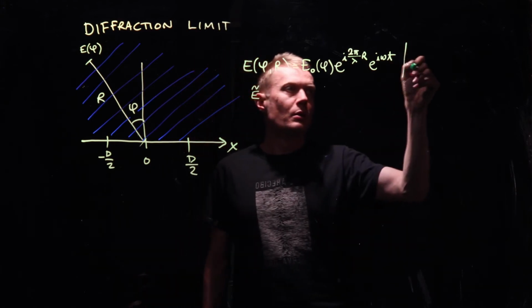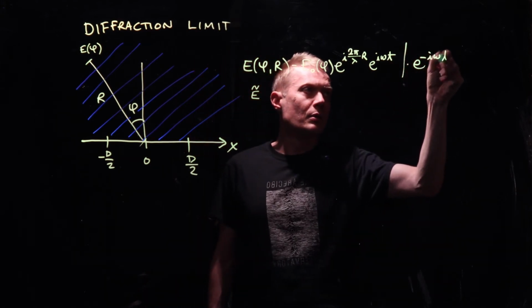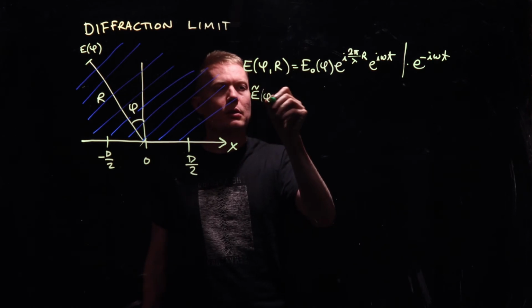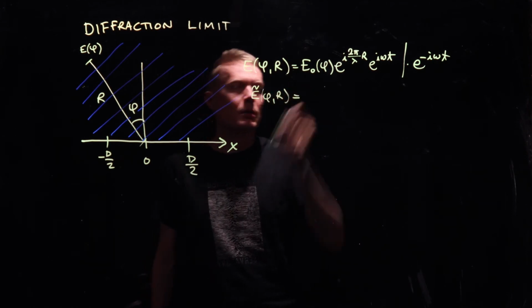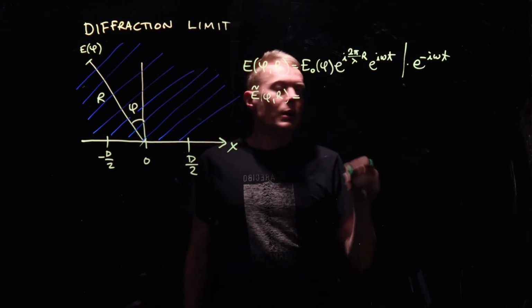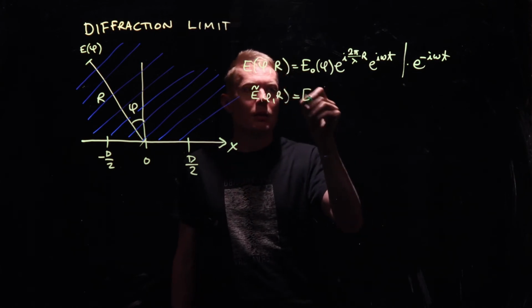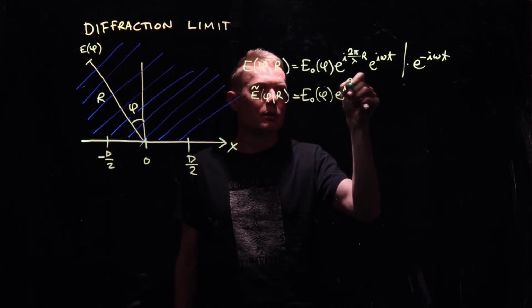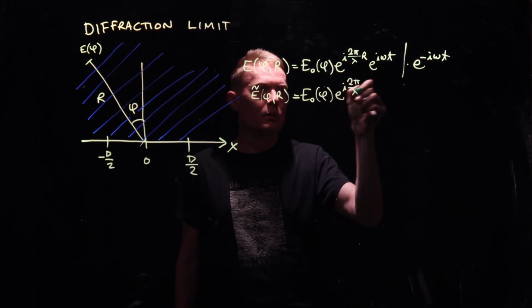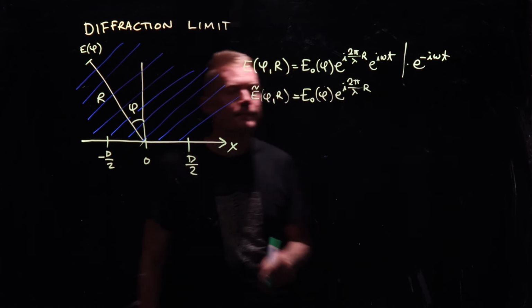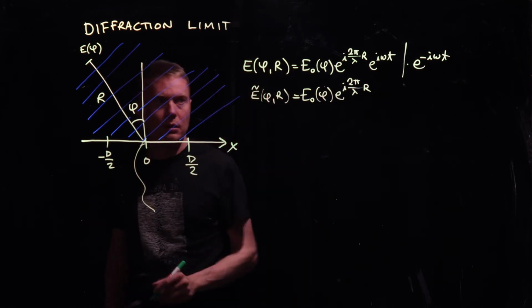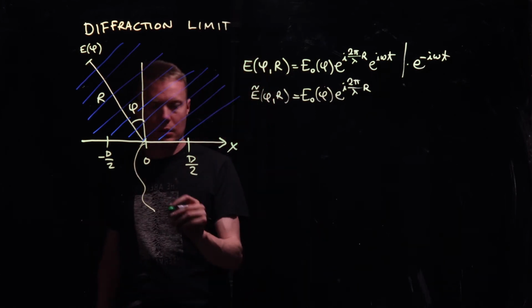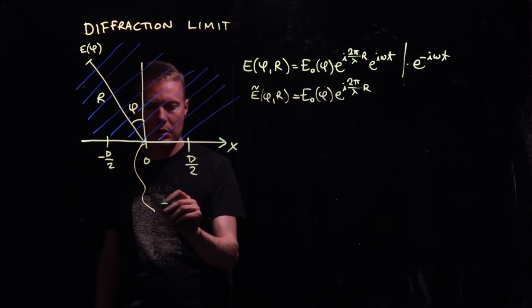We can get rid of the time variation by multiplying this with a negative frequency complex sinusoidal signal. Now we have simplified the electric field coming from direction phi as a one-dimensional complex sinusoidal signal. In this case, the independent variable is not t, it's r. Now let's investigate the phase and amplitude of the electromagnetic wave on the aperture.